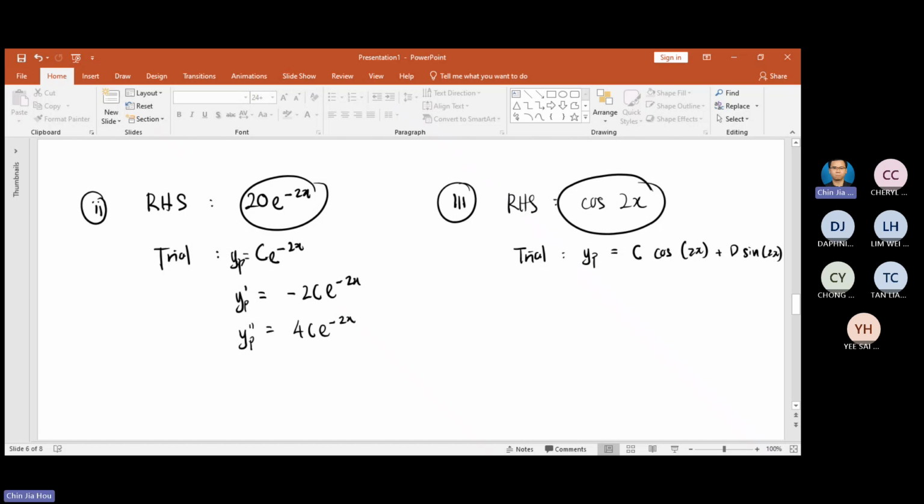Although we don't have sine, you also put in the sine. Why? Because if we differentiate this, we get something like minus 2c sin 2x plus 2d cos 2x. It is comprehensive, covers everything.